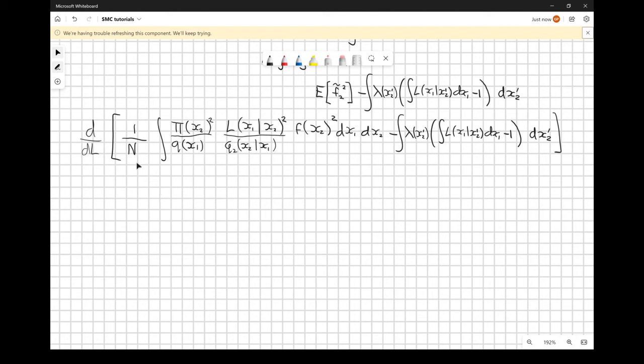So if we deal with this stuff on the left-hand side first, what happens is this derivative will come inside the integral. We end up with a 2 multiplied by the L-kernel, after we've taken the derivative of the L-kernel squared. So we can put that term in first.